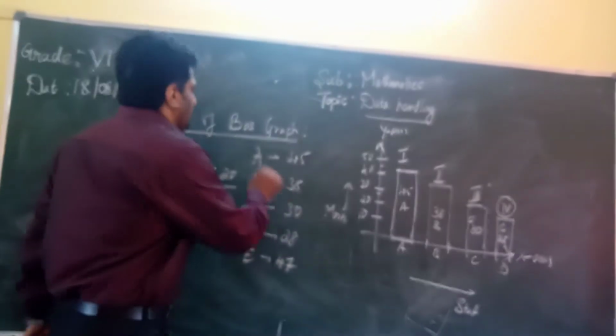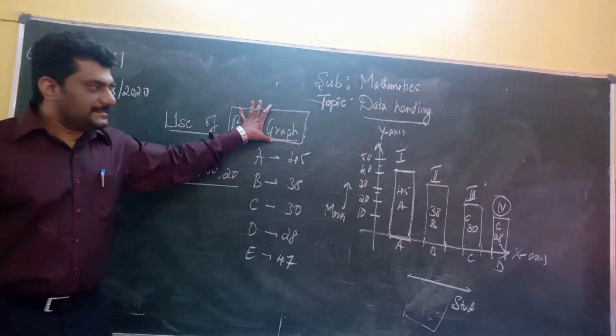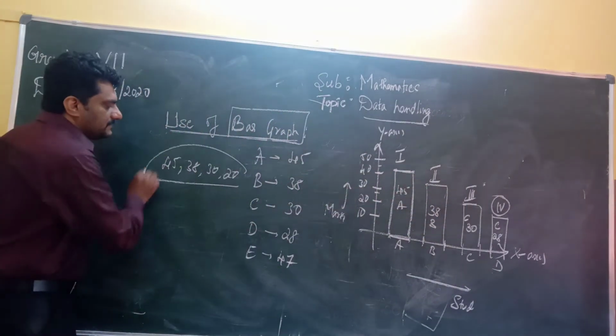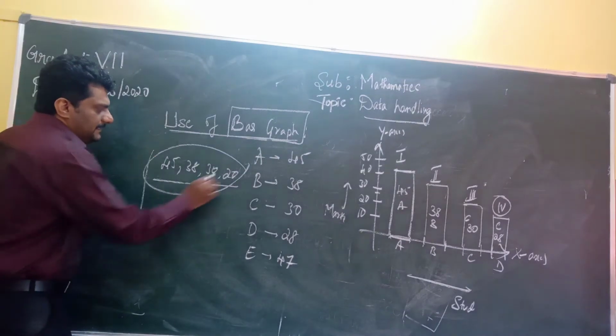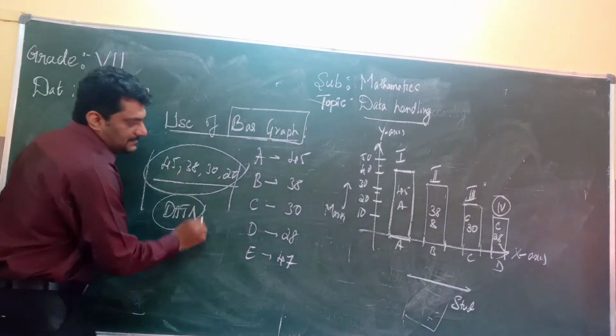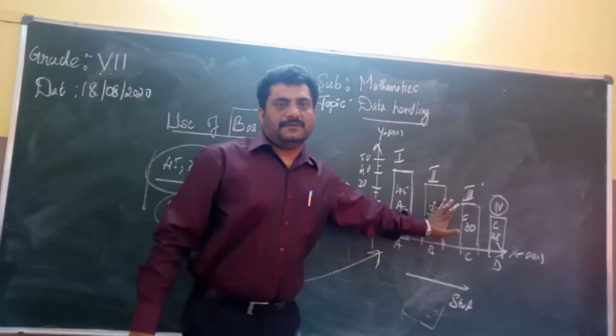So how do we define a bar graph? A bar graph is nothing but a graphical representation of the data which is given. These are the data. If you represent this in a graphical way, this becomes a bar graph.